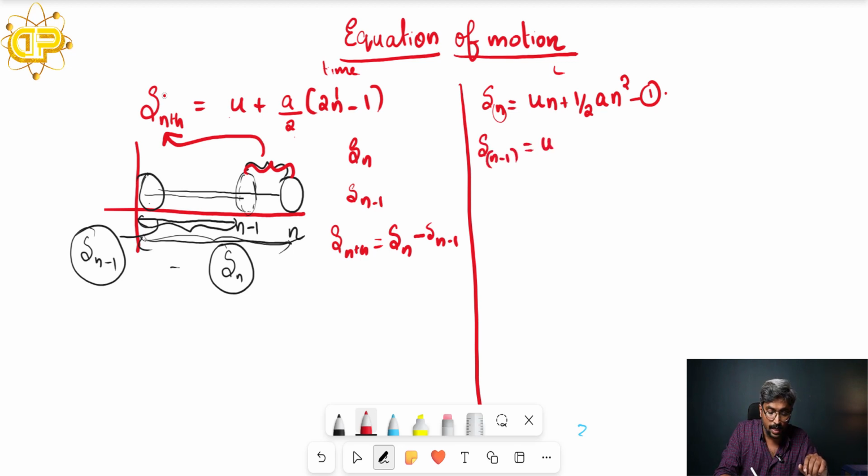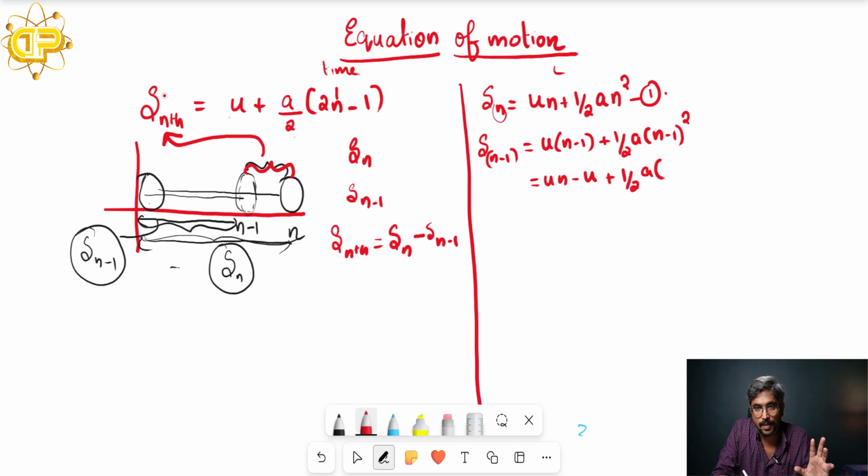So u into n minus 1 plus half a into n minus 1 the whole square. This can be written as un minus u plus half a into n minus 1 the whole square. Using a minus b the whole square is equal to a square plus b square minus 2ab, so n square plus 1 minus 2 into n into 1, that is 2n. So this is the equation.